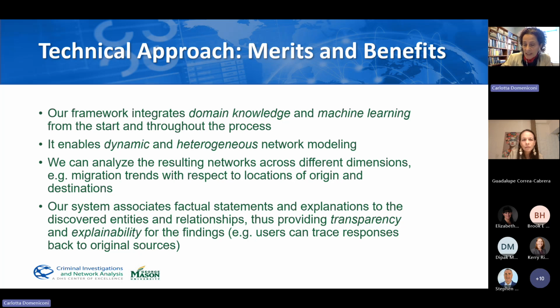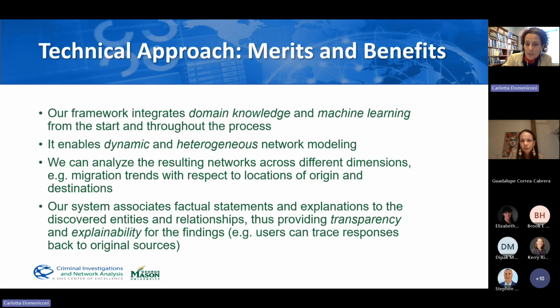The extraction of entities and relationships enables us to capture both the heterogeneous nature of these networks, because they involve different actors and different kinds of relationships, as well as the dynamics of these networks. We will also be able to analyze the resulting graphs, which can be large and complex, with respect to certain dimensions. For example, we can analyze migration trends with respect to locations of origin and destination.